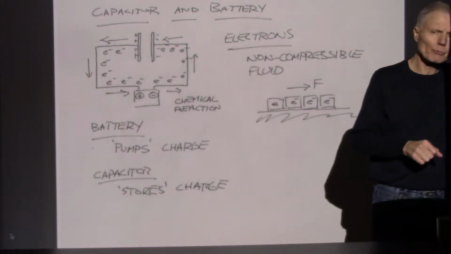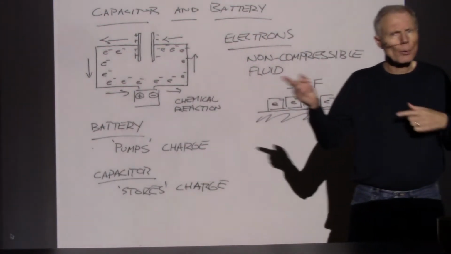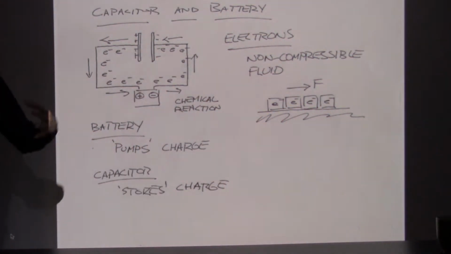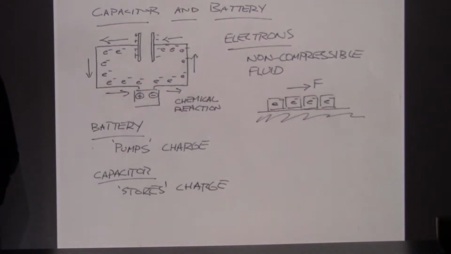And then the electrons in front of them get pushed. So everybody is getting pushed at the same time. It's very difficult to bunch electrons together. You don't tend to get accumulation because the repulsive forces between electrons are so large.